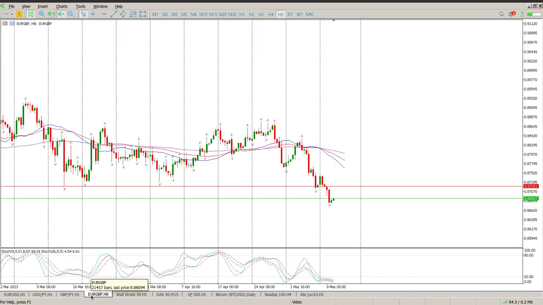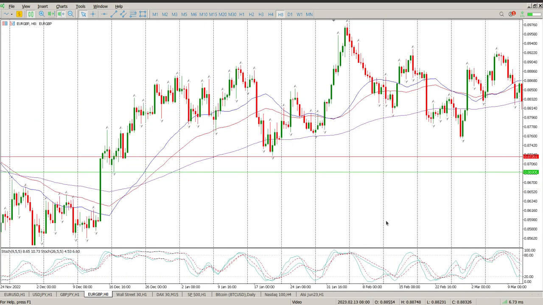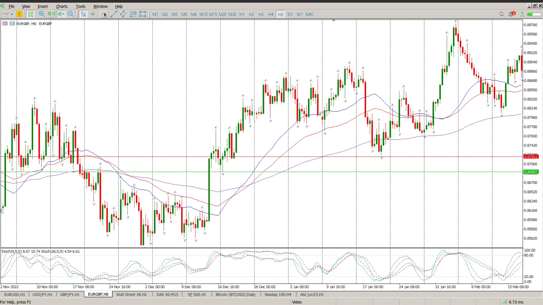Moving to Euro British pound, and the target was hit yesterday. We did get the rejection higher and moved to the downside. Sorry, I've deleted that level. There it is there. There were two areas here, like that.